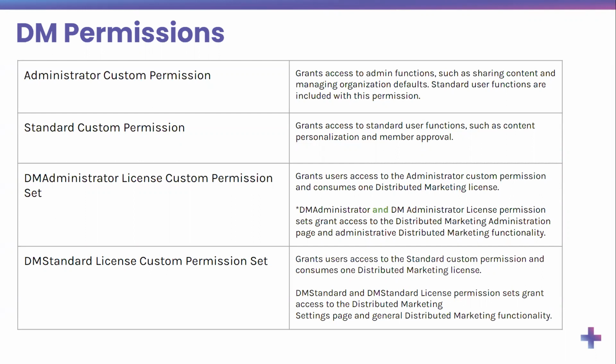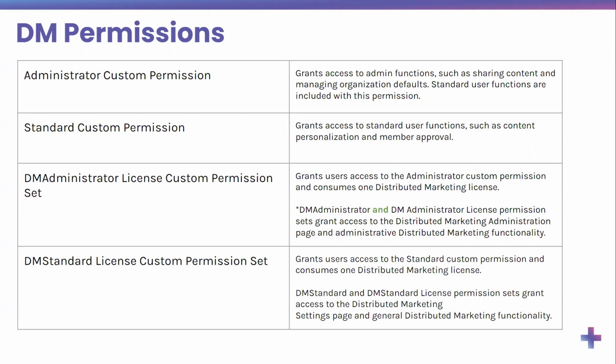It can be a bit confusing, so I will stress that an administrator will need not only the administrator custom permission, but will also need the license assigned to them as well. So the note for a DM administrator is that with both that permission set and the license assigned, it will grant access to the distributed marketing administration page.